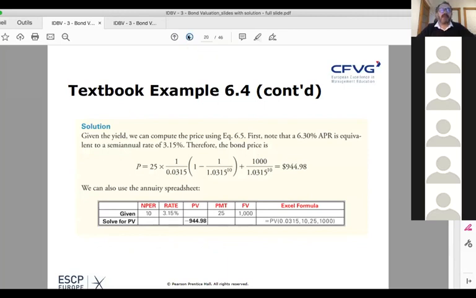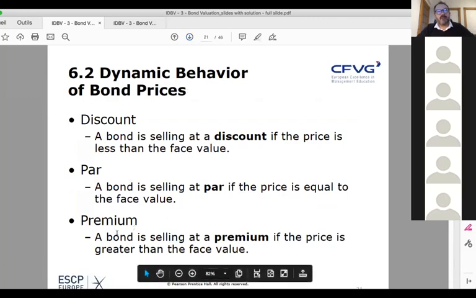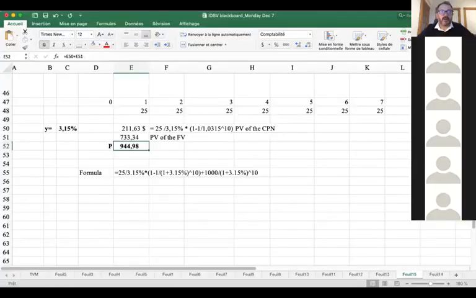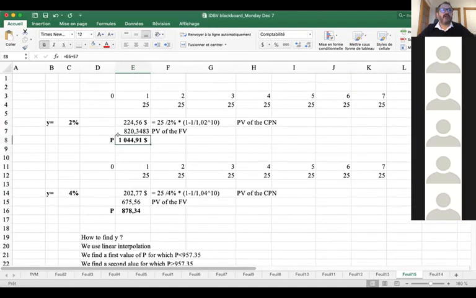Okay. On the contrary, we have a bond which is selling at a premium if the price is greater than the face value. So here, for example, when we calculated earlier the value of the bond for 2%, we have 144.91, which is higher than the face value, okay?